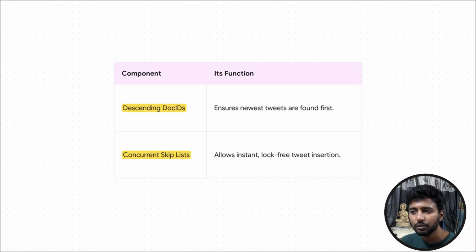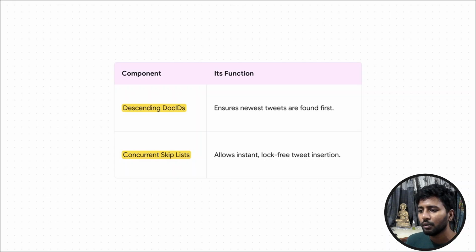Descending document ID. So what we used here, descending document ID ensures the newest tweets are found first. It ensures that a tweet that anyone uploads will automatically go to the start position. That is descending document IDs. Every tweet has its own ID, so they arranged all the IDs in descending order, right?